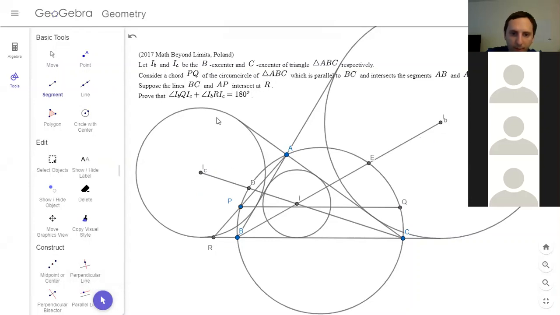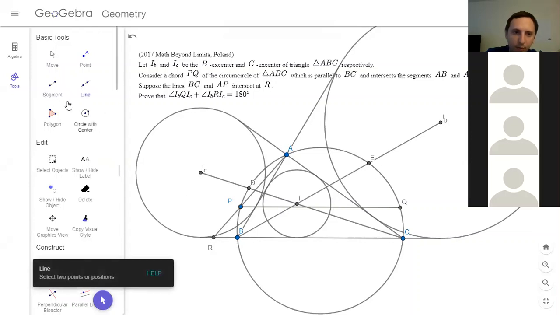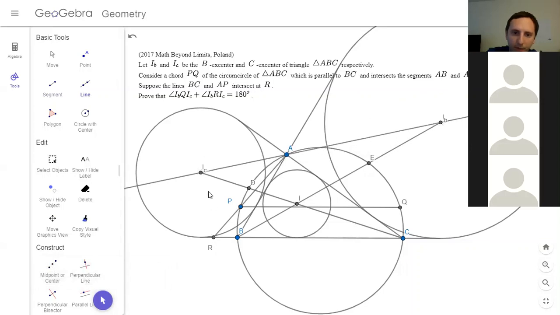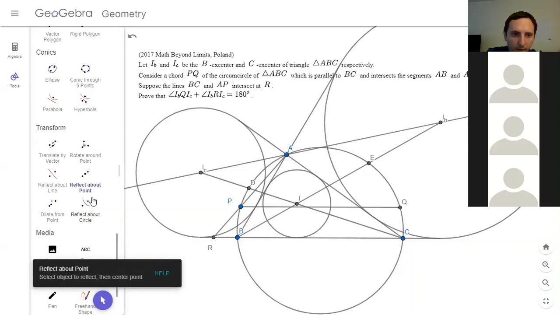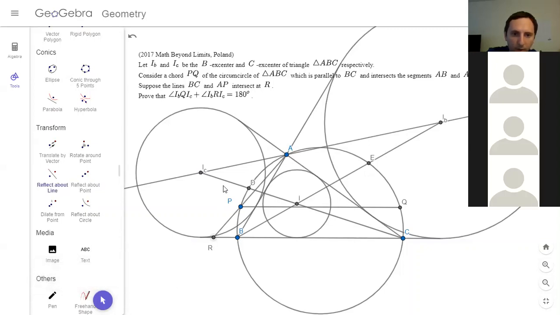But I wonder if we reflect R. I think it's probably worth drawing this line. If we reflect R over that line, let's think about it. Or we could reflect Q over that line. I'm not sure which one's better, but if we reflected R over that line, it almost looks like it lies on the circle, but it doesn't.